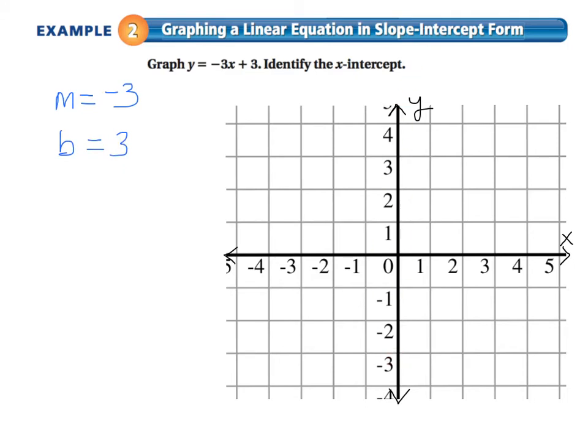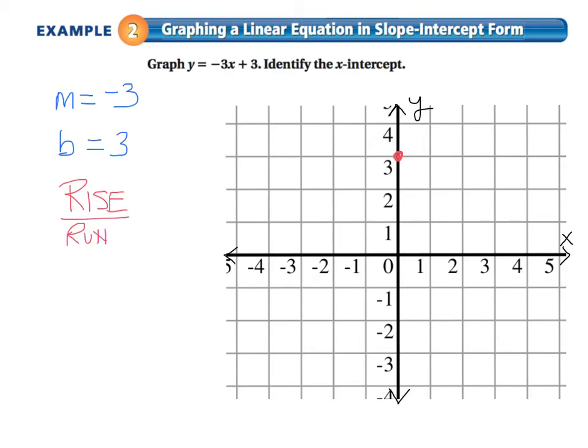We know it crosses at 3. So that's where you start. You know there's going to be a dot on the graph at 0, 3, because that's the y-intercept. Now, from that point, your slope tells you which direction we need to go. But more importantly, we have to make sure we understand that slope, remember, is rise over run.